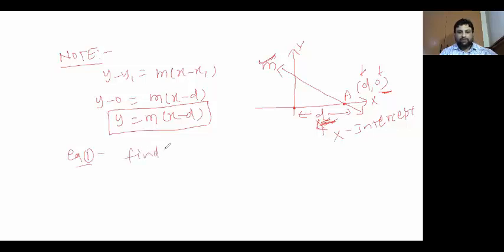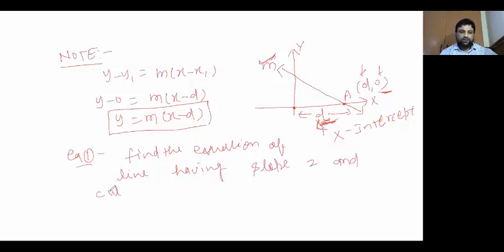Find the equation of line having slope 2 and cuts the 3 unit intercept above the origin.